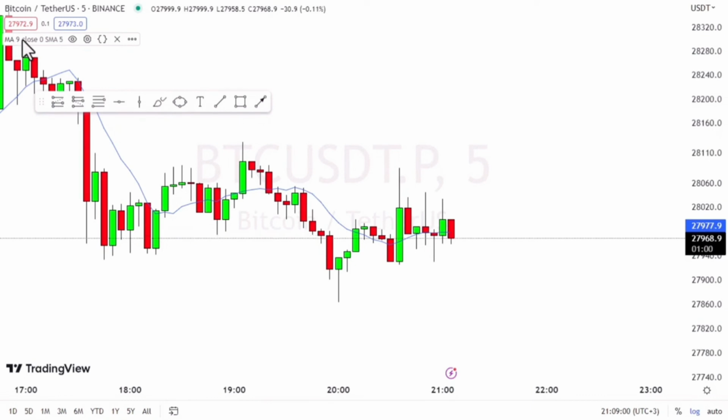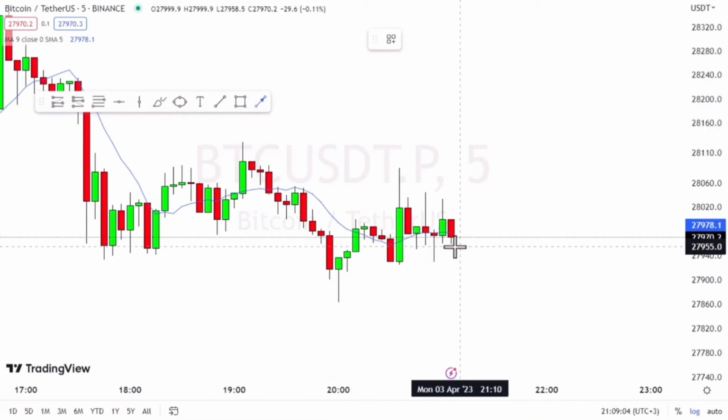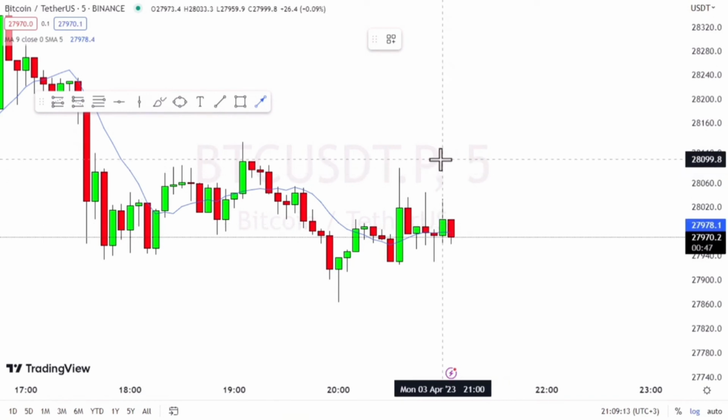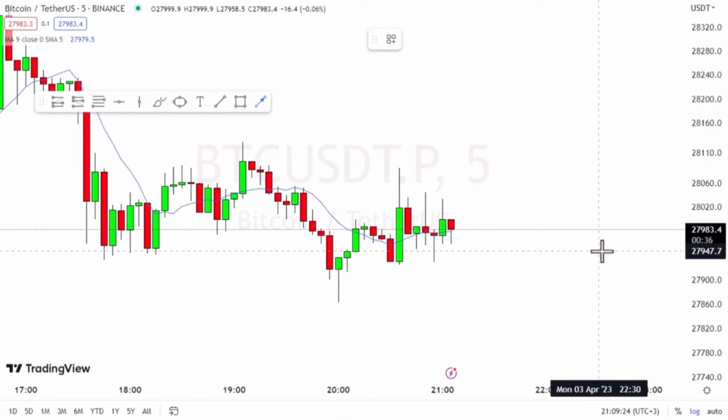This is the reason that you can see the line of the MA, this blue line, ends here and is not going further. It is a lagging indicator. It means that first the price must form, open at a certain point, close at another certain point, and then the data must be collected by the indicator as a calculator, and then comes out as output data, as you can see on the chart, as a line.